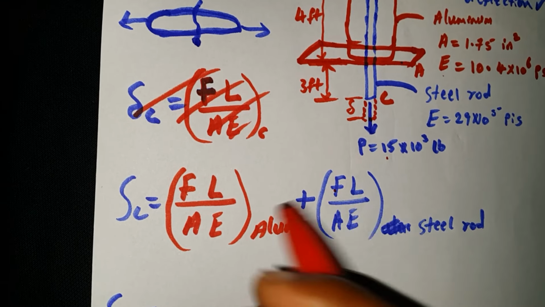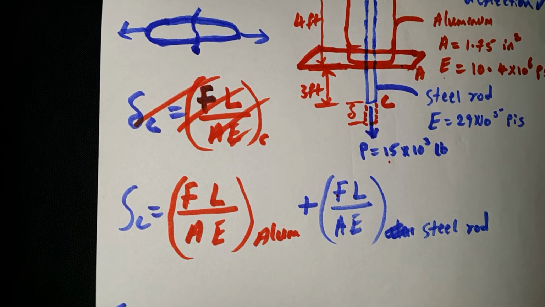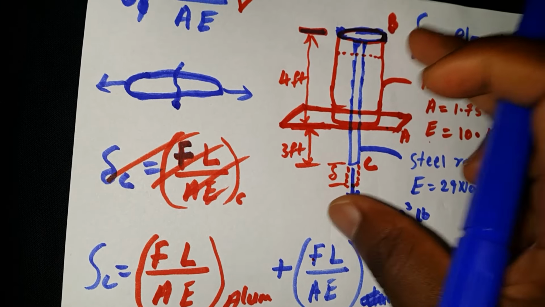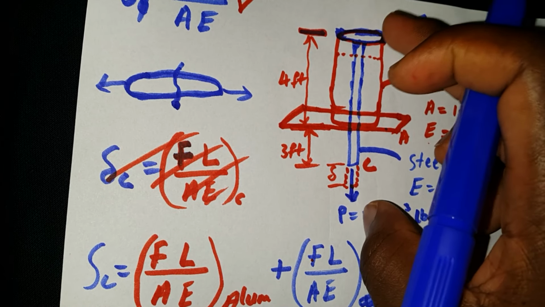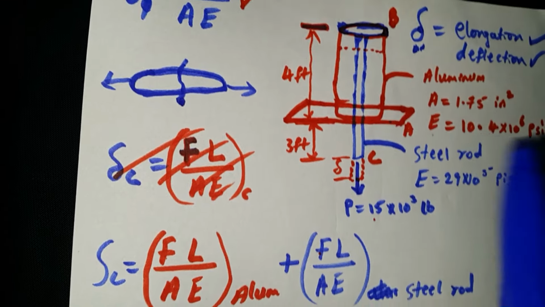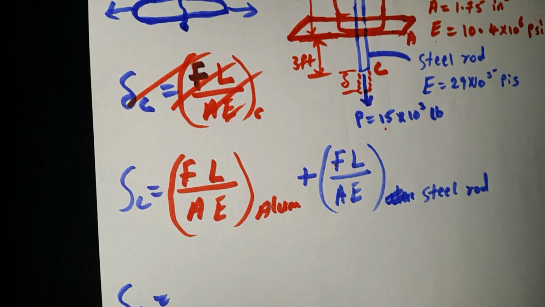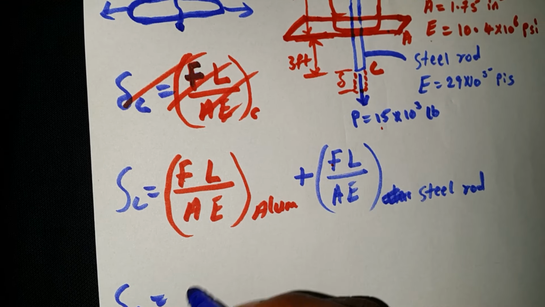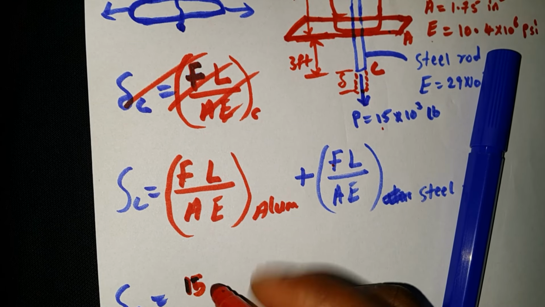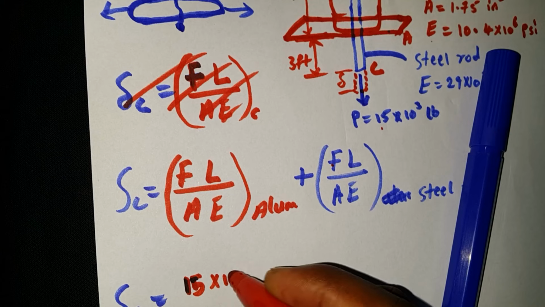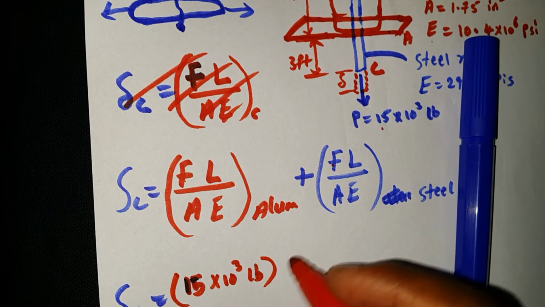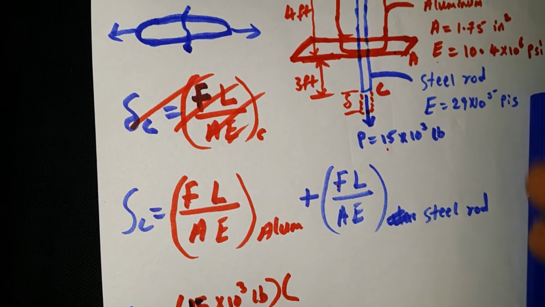Now let's put in our values. This is a little bit easier if you understand the concept of this diagram. Then here we said our force is 15 times 10 to the 3 lb, multiplied by length.